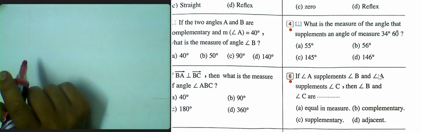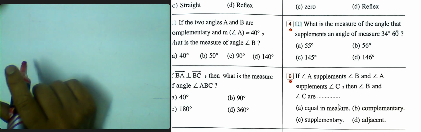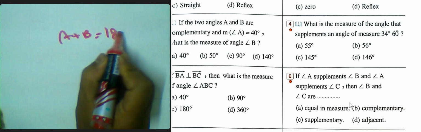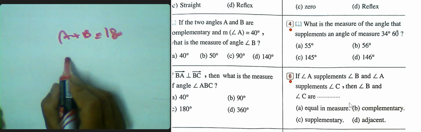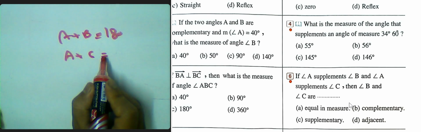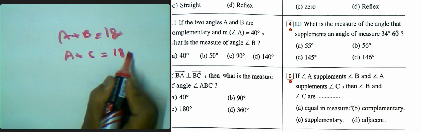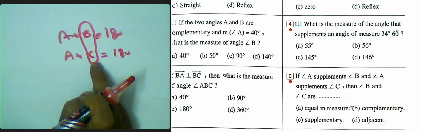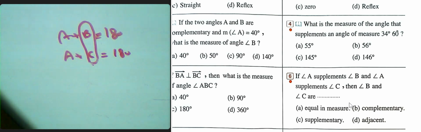Angle A supplements angle B and A supplements angle C. Then the measures of angle B and C are equal, because A plus B equals 180 and A plus C equals 180. They are supplementary. Then the measures of angles B and C are equal. Okay, equal in measure. Choose letter A.